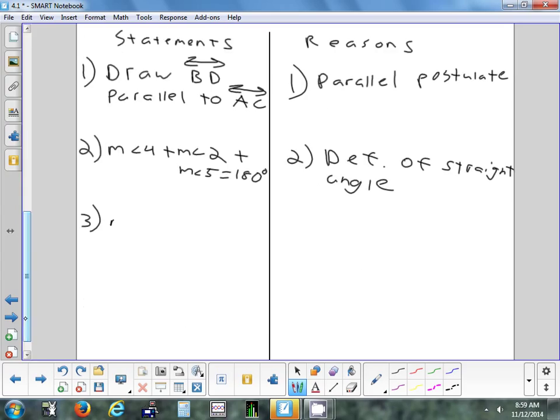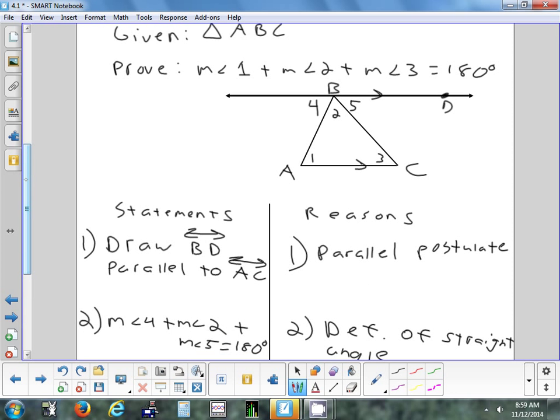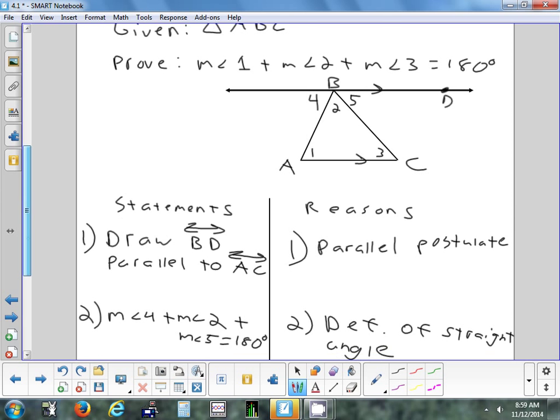So we'll do it formally the way we should. Angle 1 is congruent to angle 4. And what else? Yep. 3 and 5 are also congruent.